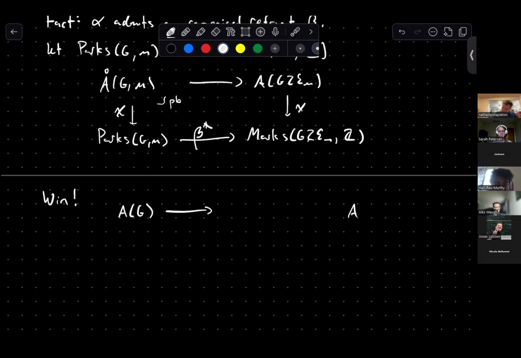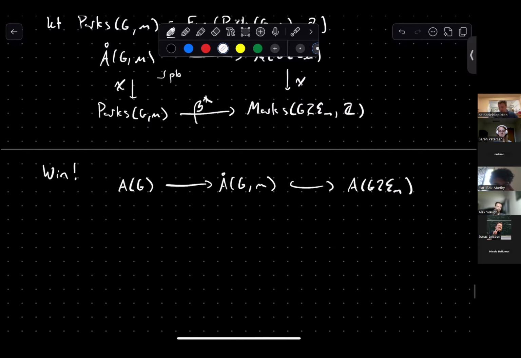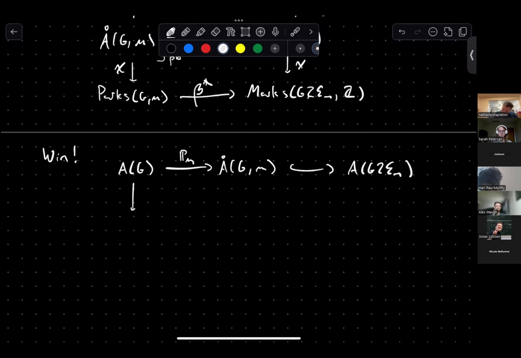Of course, this lands in A of G wreath sigma M, but by construction, it lands in A-star of G comma M, sitting inside of A of G wreath sigma M. And then we have our character maps, which I'm just going to write as Marks and Parks. Whoop, this one doesn't exist yet. Parks of G comma M. Marks of G wreath sigma M.